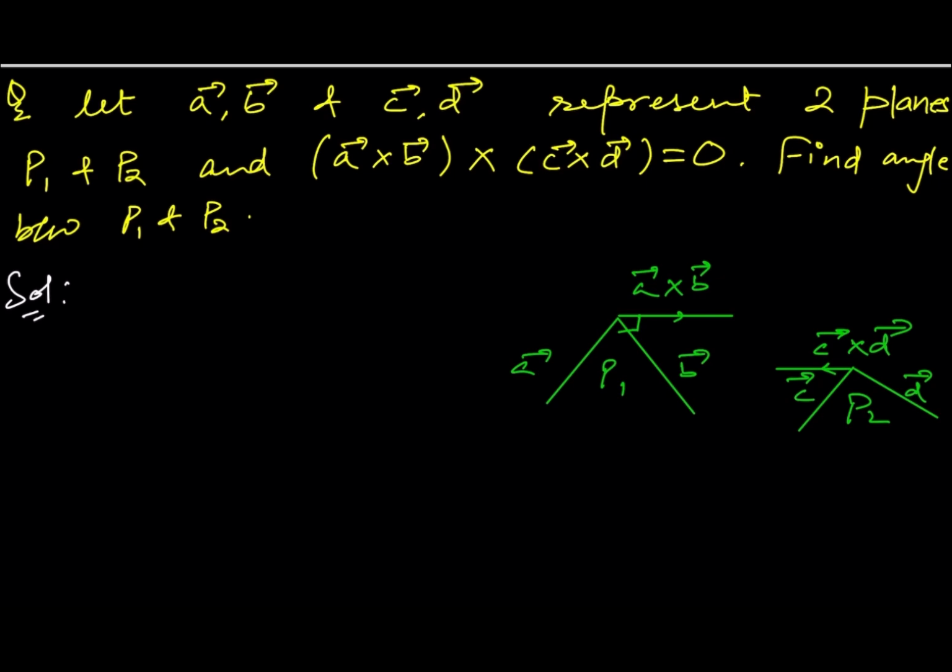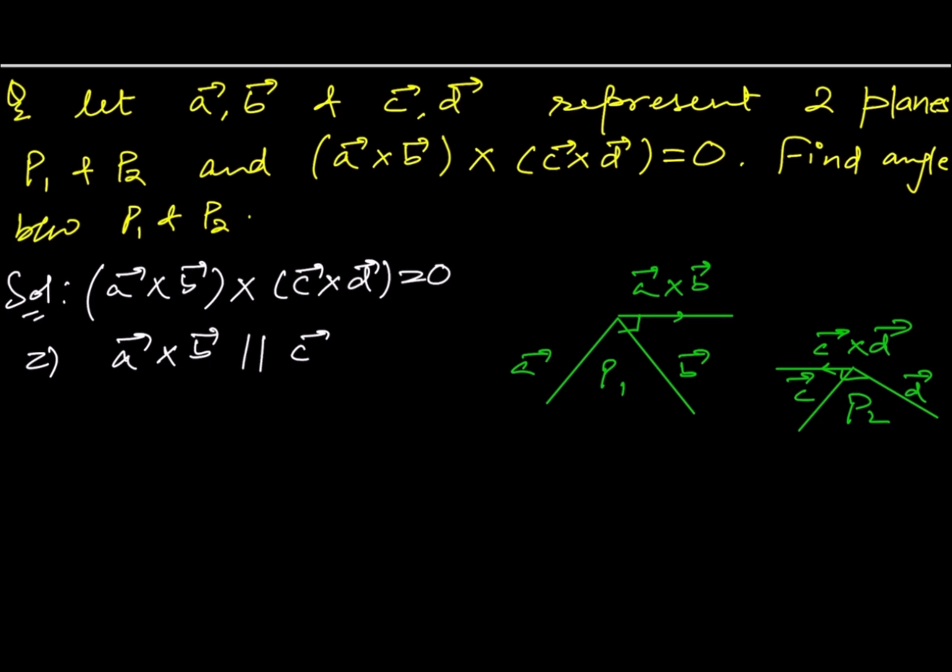As it is given that (A cross B) cross (C cross D) is equal to 0, this implies vector A cross vector B is parallel to C cross D. Because we cannot say here that vector A cross vector B or C cross D is a null vector, right?